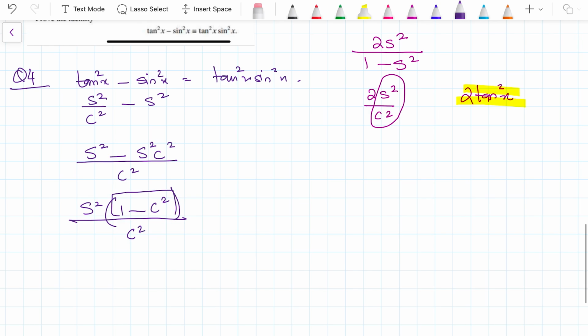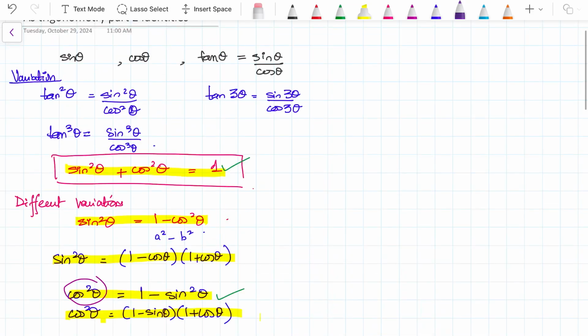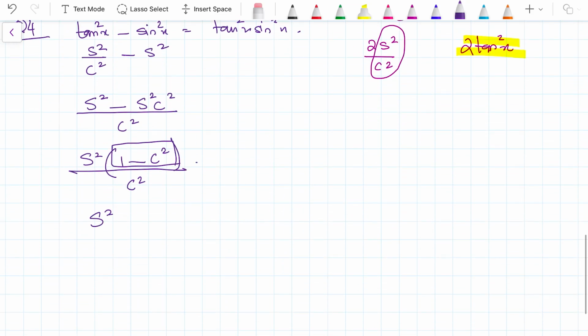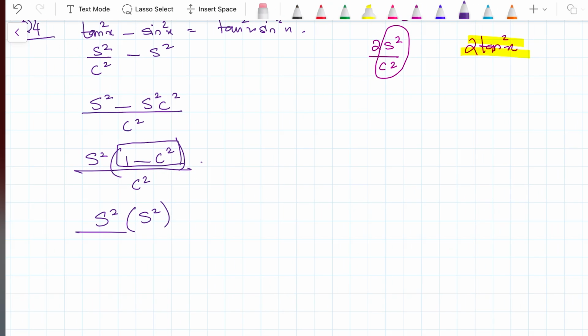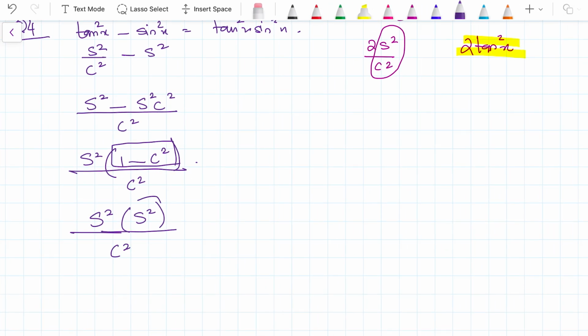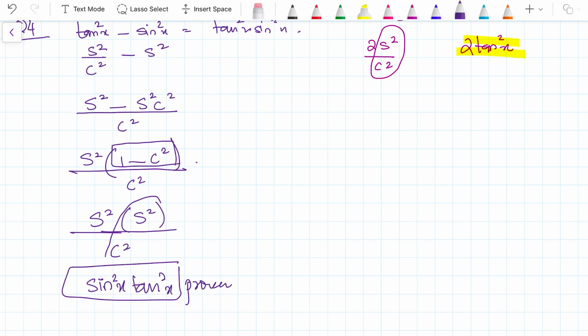Now we know 1 minus cos square is also sine square. Going above and showing the identity, 1 minus cos square is sine square. This sine square upon cos square becomes tan square x. So identity is proven.